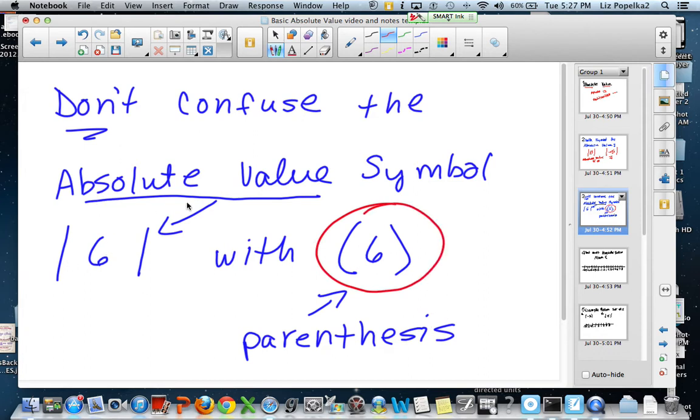See the difference? This one is absolute value because the two lines on either side of it are straight. In parentheses, the lines that surround the number are curvy. So even though absolute value looks a lot like parentheses, don't get it confused because it doesn't mean the same thing. Absolute value is straight lines where parentheses have a curve to them.